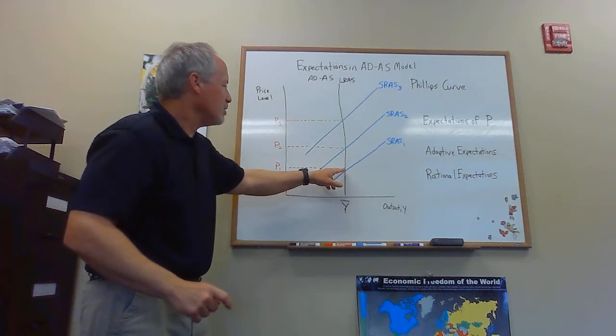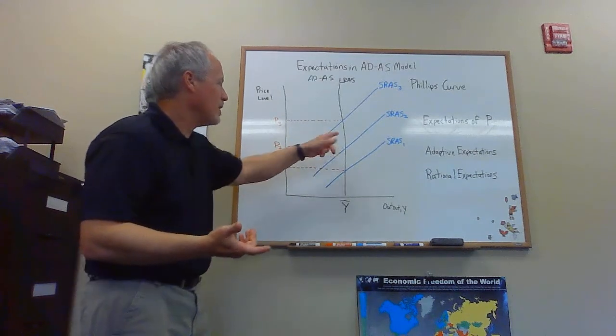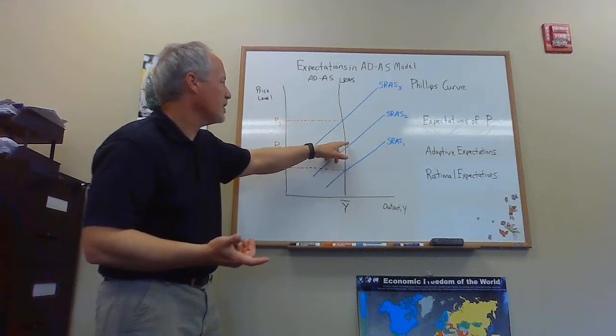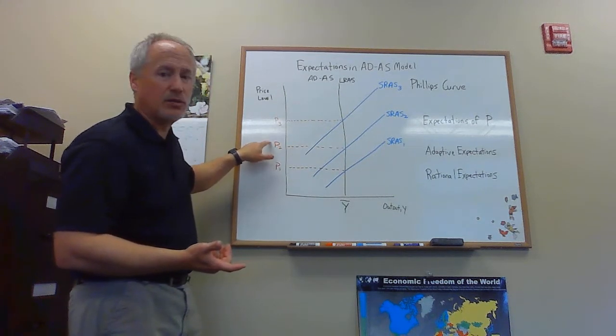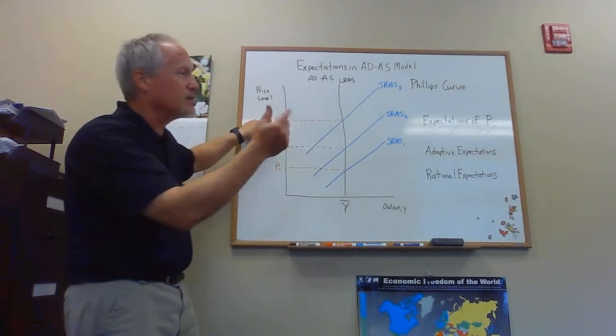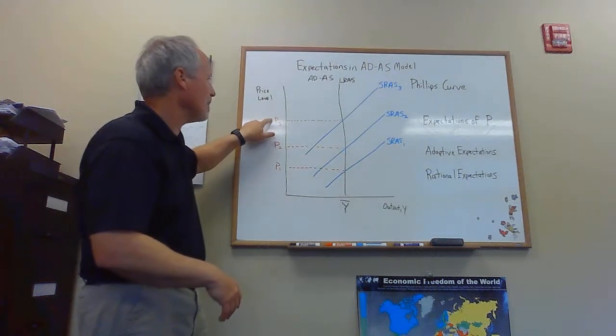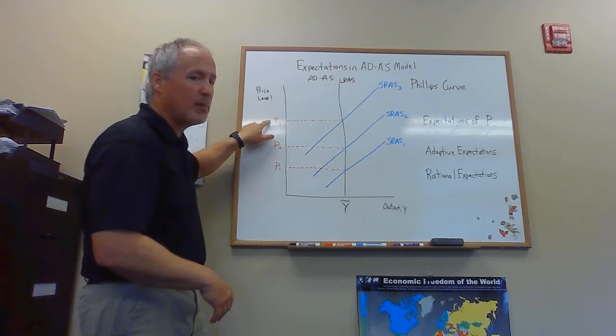SRAS1 intersects at the lowest price level, which I've labeled P1. SRAS2 is farther up and intersects the long-run aggregate supply curve at P2. And then SRAS3 is the highest, the one most to the left. It intersects the long-run aggregate supply curve at P3.